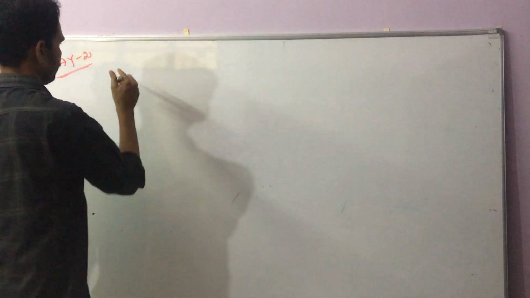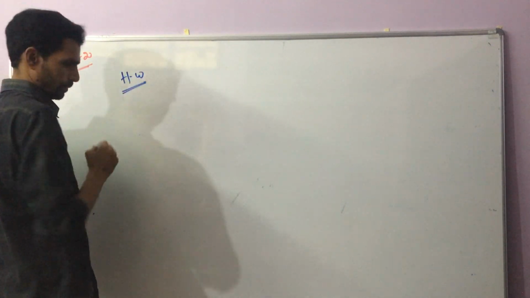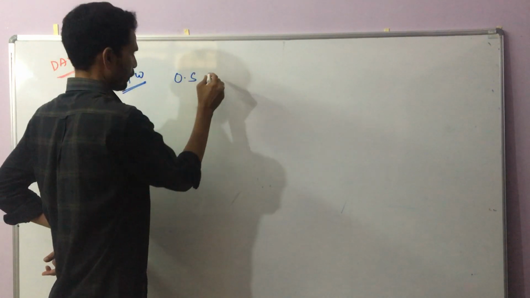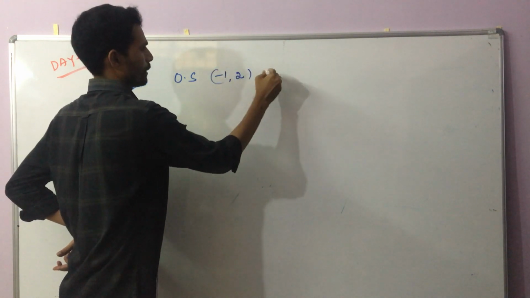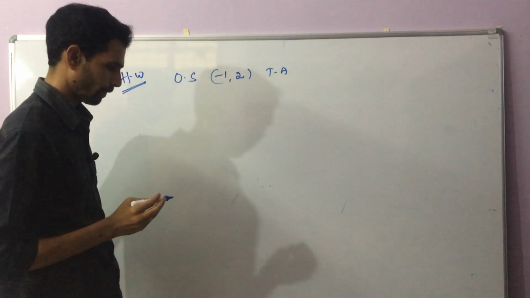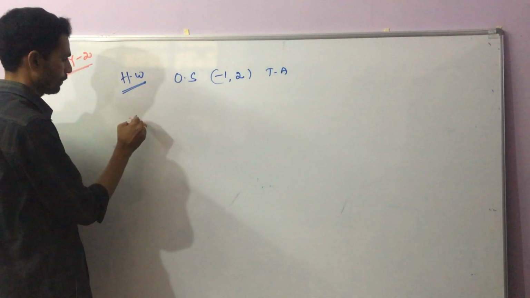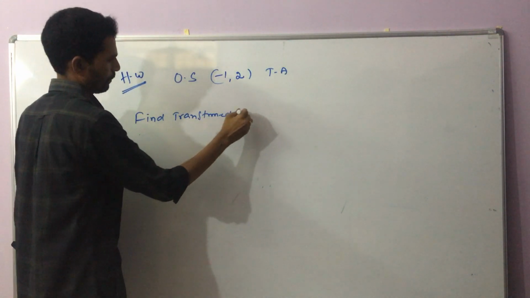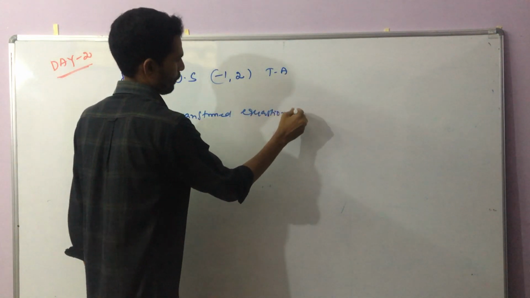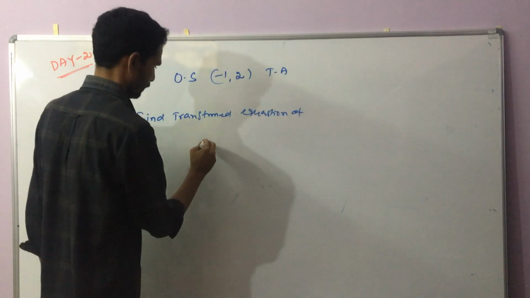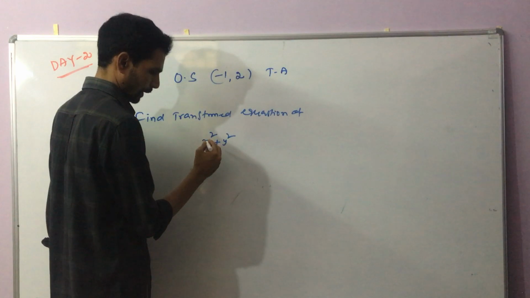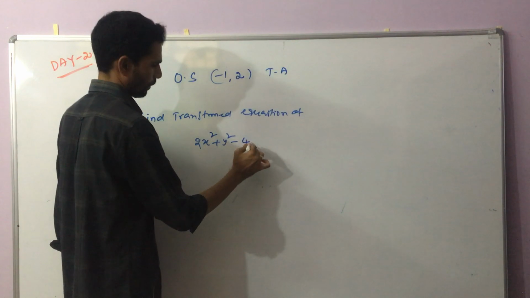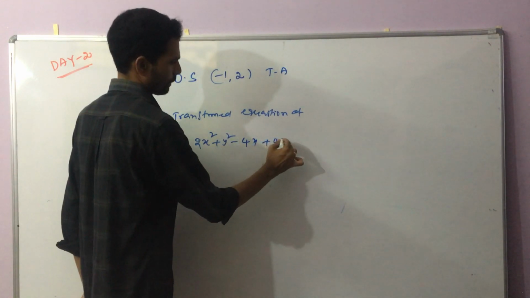Write one problem. When the origin is shifted to (minus 1, 2) by translation of axes, find the transformed equation of 2x square plus y square minus 4x plus 4y is equal to 0.